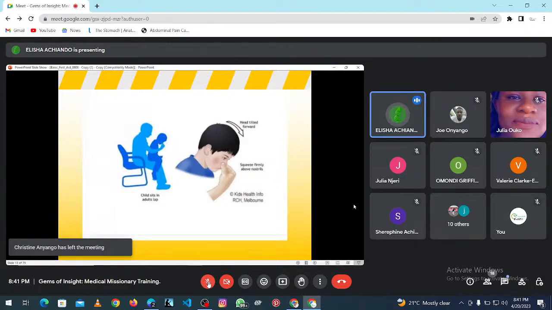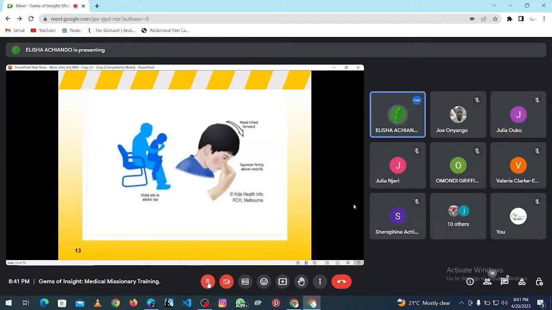So I won't spend much time here, but the basic principle in this first aid is that you squeeze firmly the point above the nose, so that you exert pressure on the blood vessels, facilitate the clotting process and stop the bleeding.